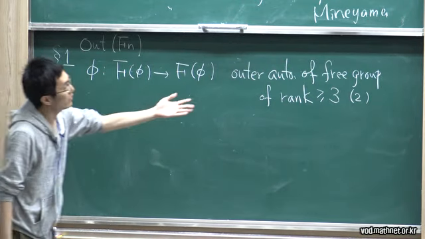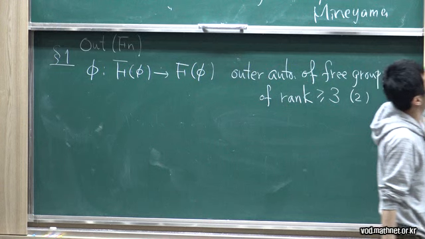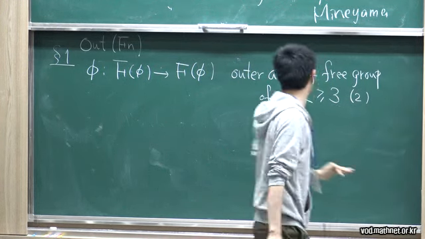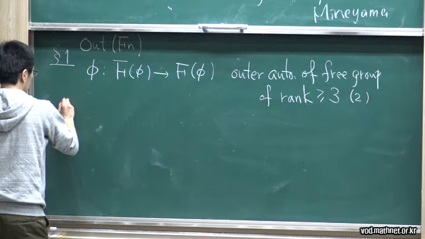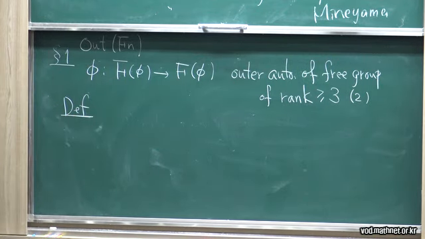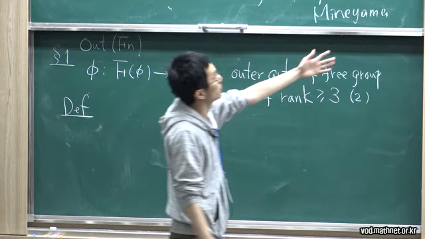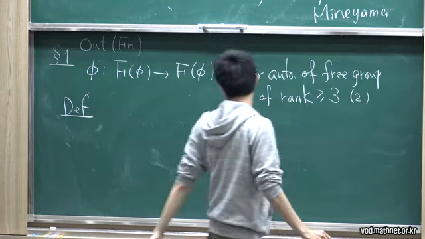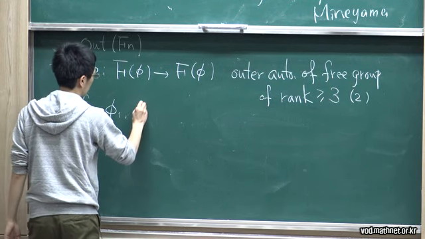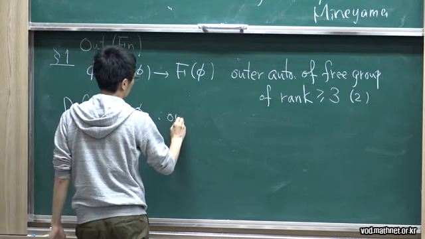And I will think about this covering relation in terms of the fundamental group. So this definition is just a translation of the earlier definition into the fundamental group. So phi 1 and phi 2 are outer automorphisms.